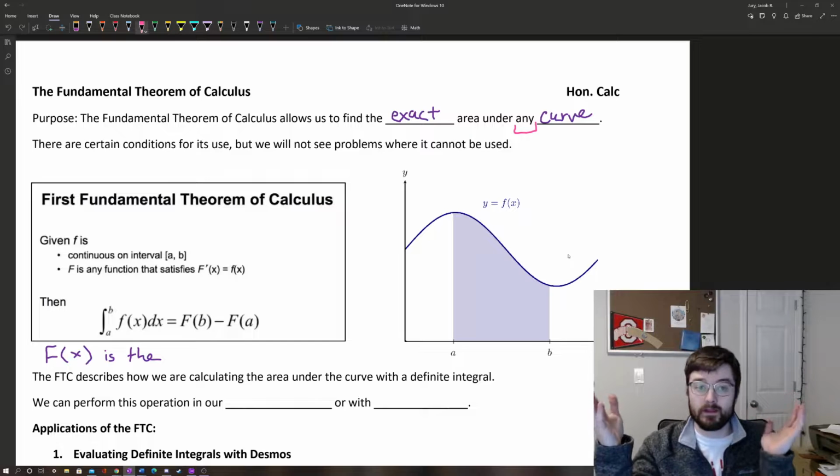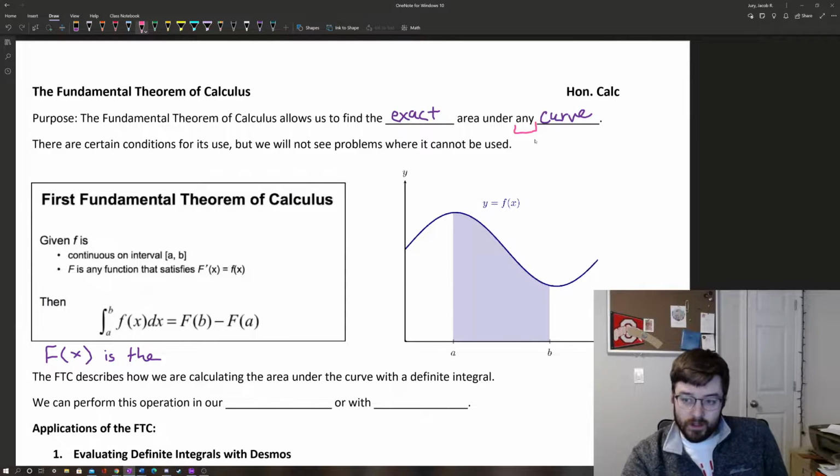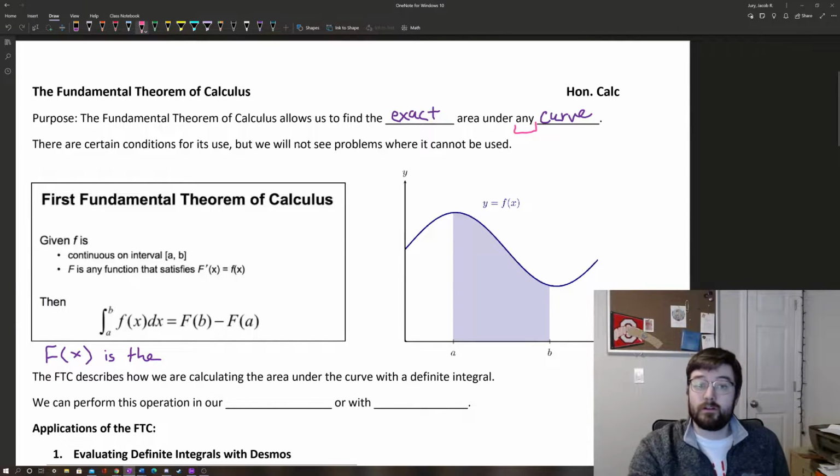They don't have any breaks or holes. We're not going to be looking at piecewise functions, at least not on this side of spring break. We are just looking at curves like polynomials, rational functions, and radical functions, so typical stuff like what we did with derivatives. So we're not going to see problems where we cannot use this fundamental theorem of calculus.